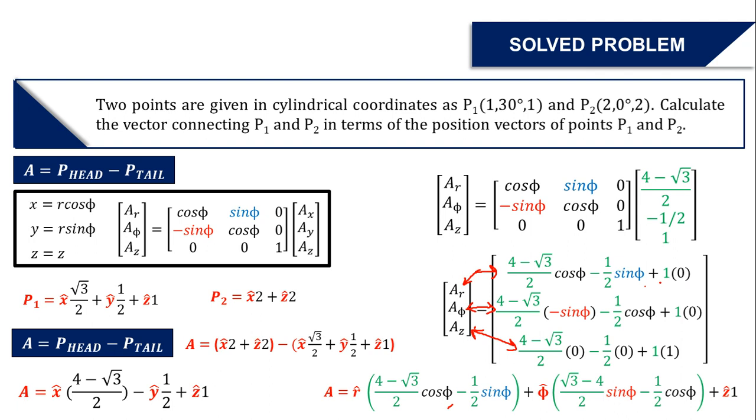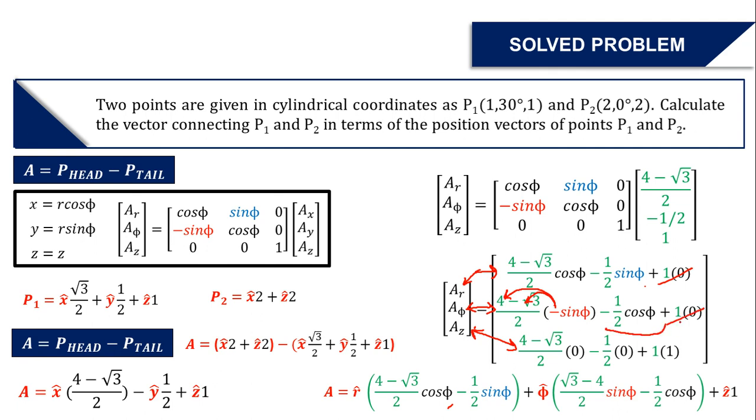So, yung third value, 0 lang naman yan. Plus phi hat square root of 3 minus 4. Naging ganyan, nagkabaliktad dahil dito sa negative na to. Dinistribute natin. So, ito naging negative 4. Ito naman naging positive 3. Kaya, nauna lang to sa pagsulat. Square root of 3 minus 4 all over 2 sine of phi minus 1 half cosine ng phi.